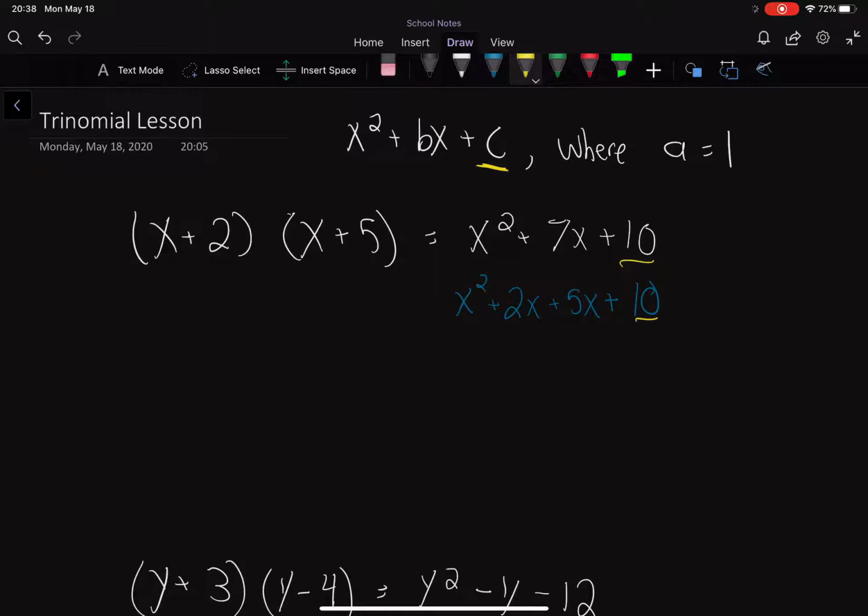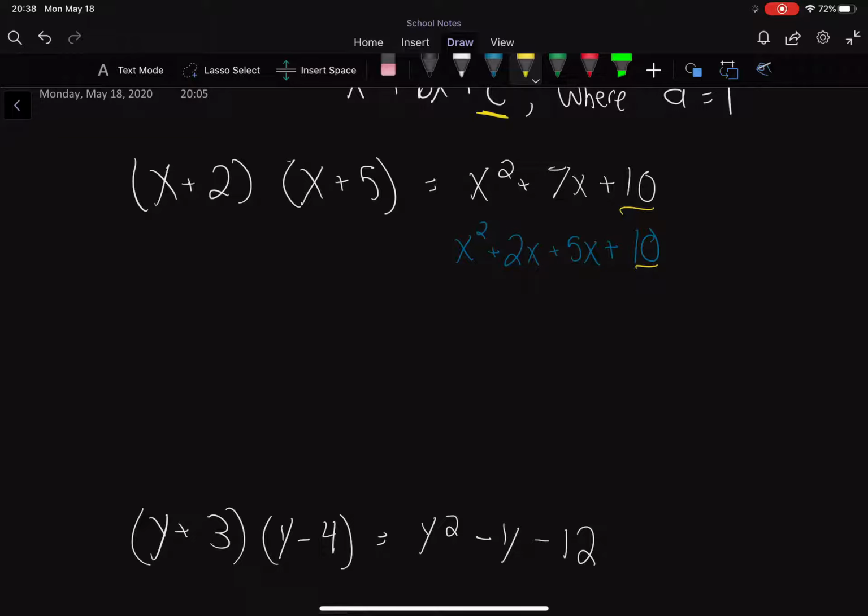And our C term actually dictates what goes inside of our parentheses. And how did I go about finding 5 and 2? So I found it because our method for this is we want to find factors of 10. So let's list our factors of 10. So 10, we got 1 and 10 and 2 and 5.